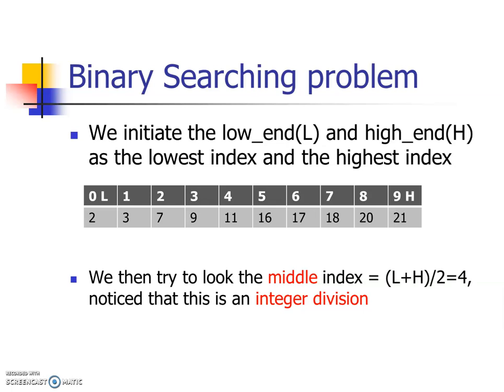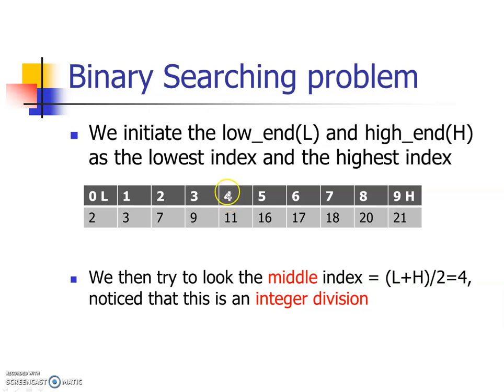So (0 plus 9) divided by 2, since every single number is an integer, we will actually get an integer division. So it's not going to give you 4.5. It will give you 4. So that's indicating the middle index is 4 in this case, and that is the middle location we want to look for.